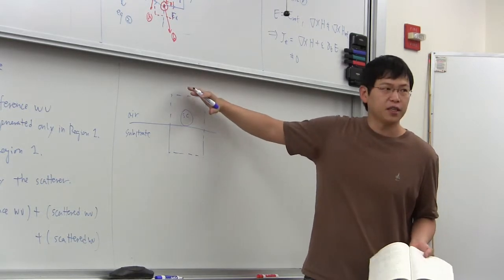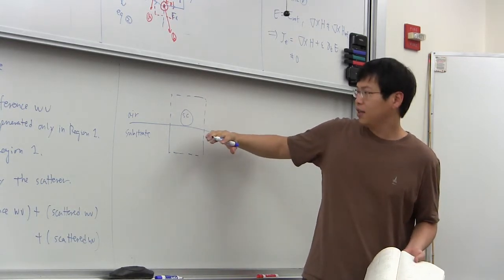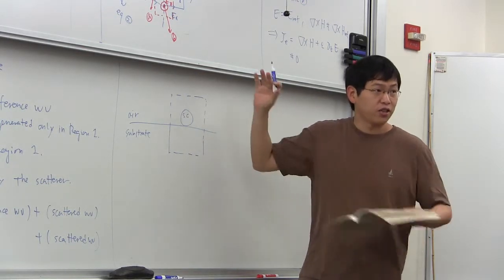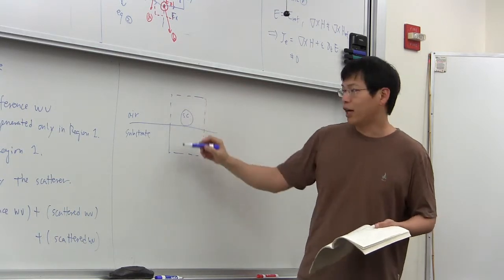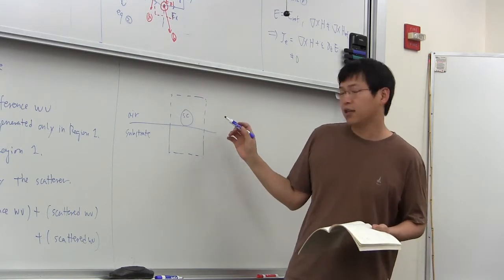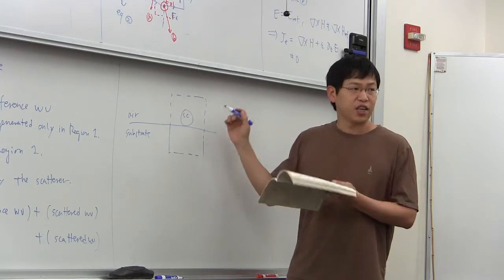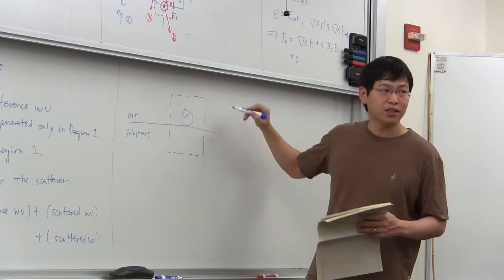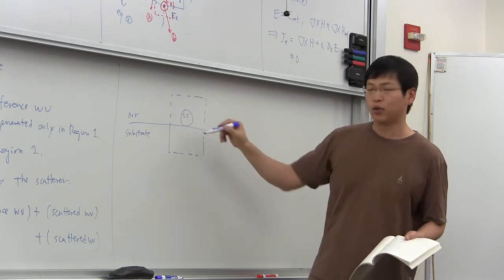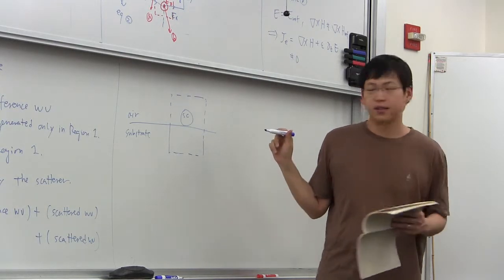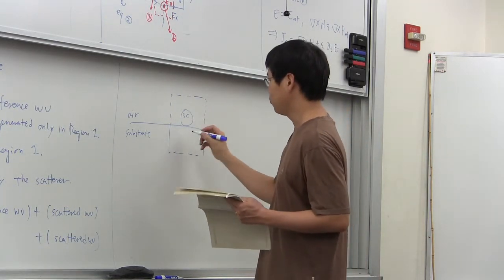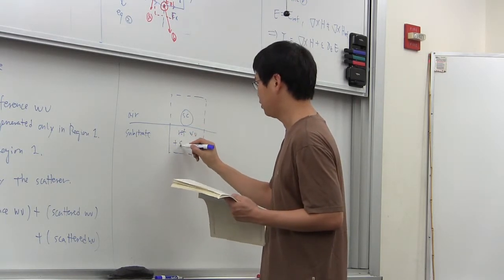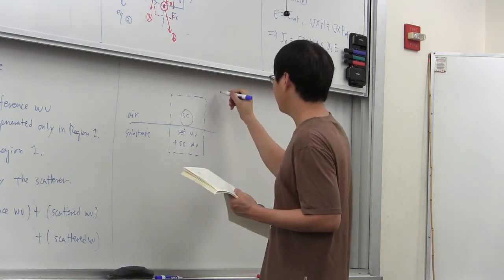Then on top of the reference wave, the induced current on the scatter generates a scatter wave, right? So within the box, you have the sum of the reference wave and scatter wave, but the scatter wave propagates outside of the box. So outside this region 1, you have scatter wave. Inside region 1, you have reference wave plus scattered wave, and outside you have scatter wave.